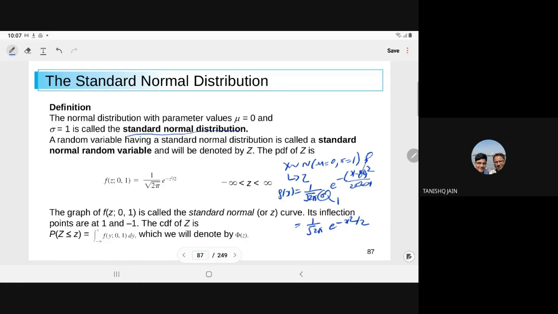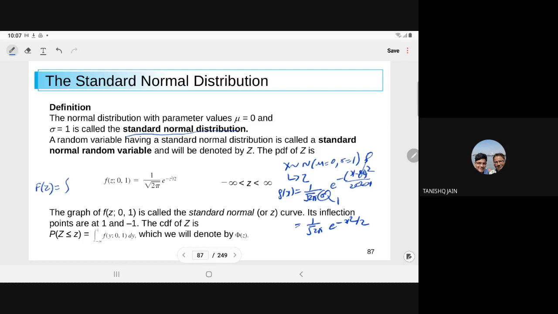So that is your distribution or PDF for the standard normal distribution. Here the graph of the standard normal distribution is known as the normal curve or standard normal curve.